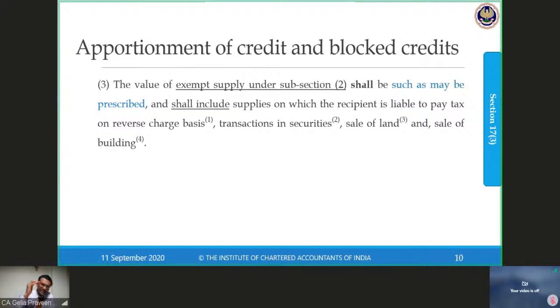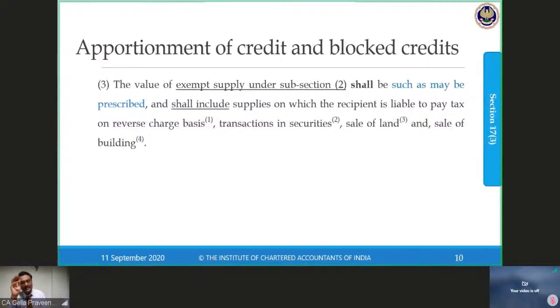So all construction activity, construction of a complex, building, civil structure, or part thereof, wherever there is a construction activity, which is a deemed supply of service, that activity till non-receipt of the completion certificate is called service. The moment the completion certificate is received, it is as good as a building.